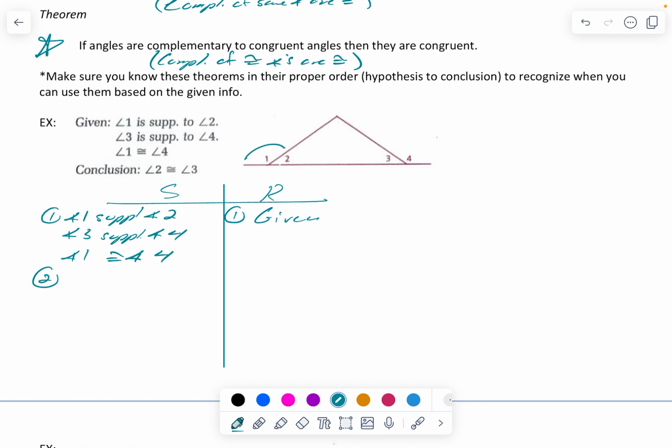When they say 1 is supplementary to 2, that means 2 is supplementary to 1 as well. So 2 supplementary to 1, 3 supplementary to 4, 1 congruent to 4, we can say angle 2 congruent to angle 3, and this would be supplements of congruent angles are congruent.